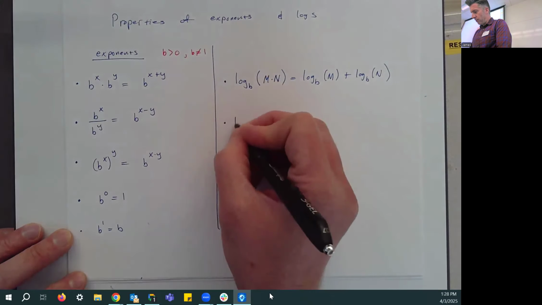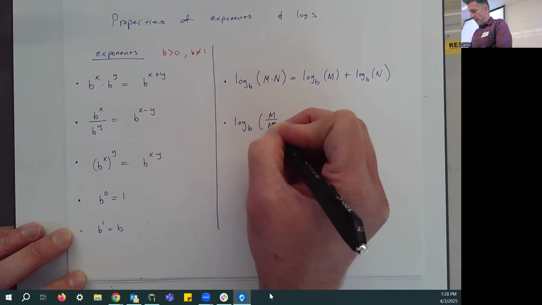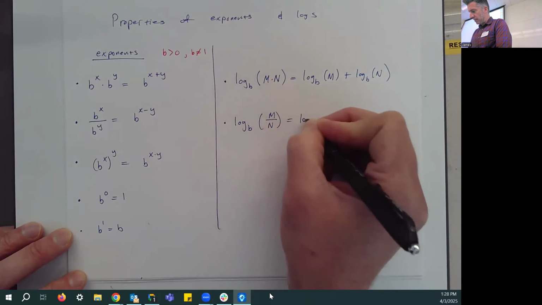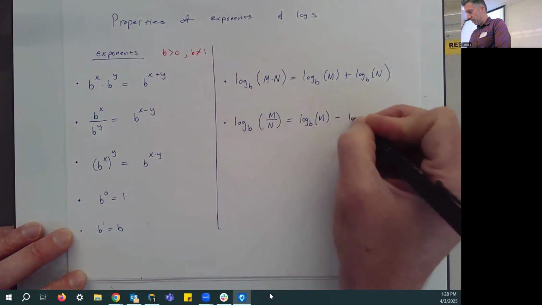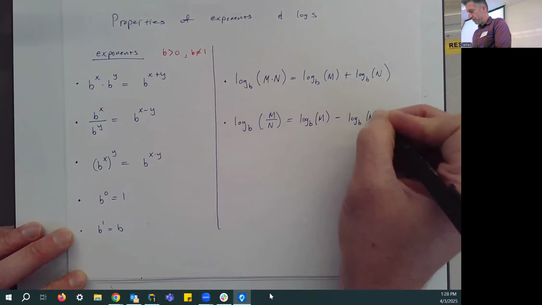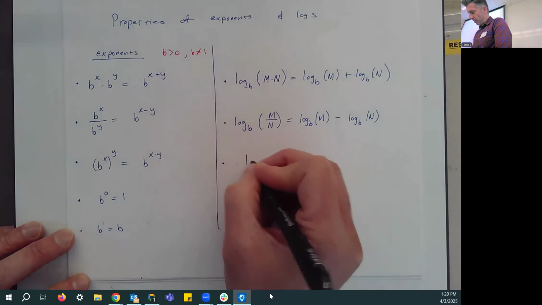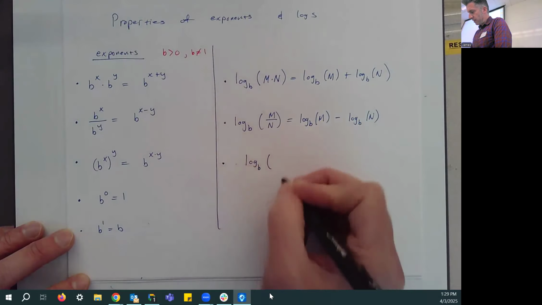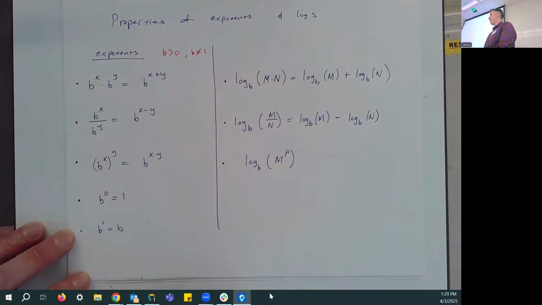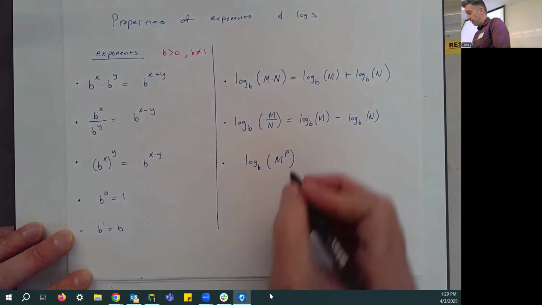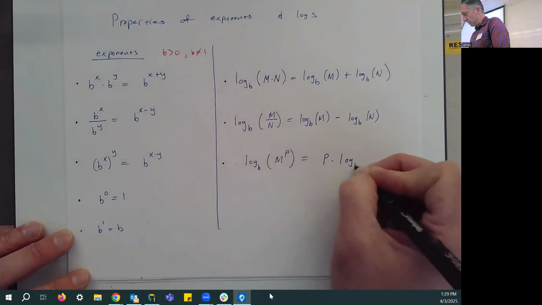Or if you have log base b of m divided by n, we're going to break that up as the subtraction: log base b of m minus log base b of n. And thirdly, if you have the log base b of m to some power, that power gets to come down in front and multiply. It's p times log base b of m.